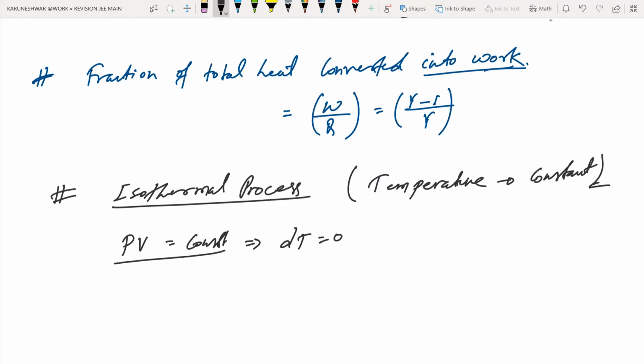And this happens when we have dT equal to 0, no change in temperature. Then we can say that the internal energy change will be 0 only. No change in internal energy. And what about the C value you will be getting here? C means the specific heat; since the temperature is not changing, it tends to infinity.